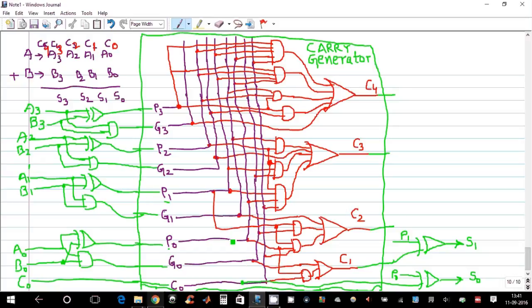We need to draw a wire here as mentioned previously, so I am assuming that P1 is available here, and similarly C1 is calculated by the carry generator.